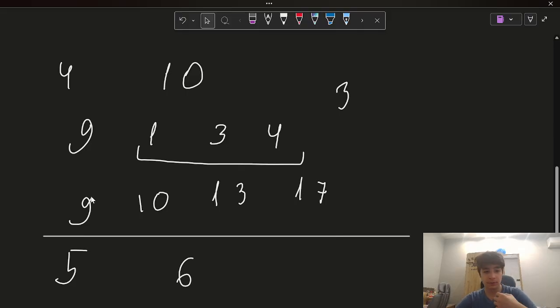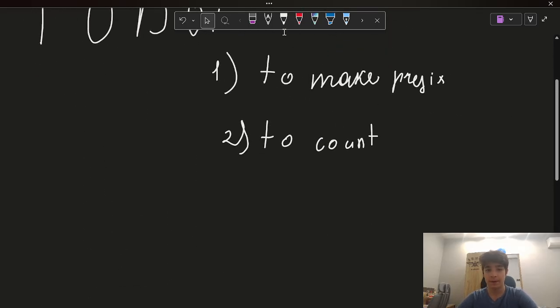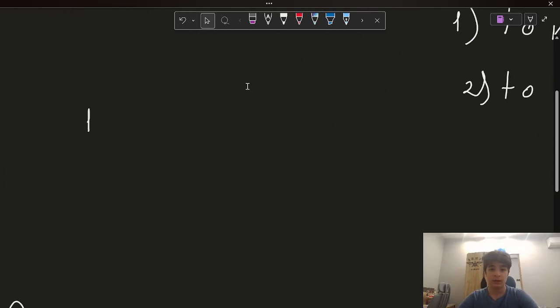And what if I put them right there? I get 8. The increasing, I get 10, and it's let's think about, yeah, to count number of ways.